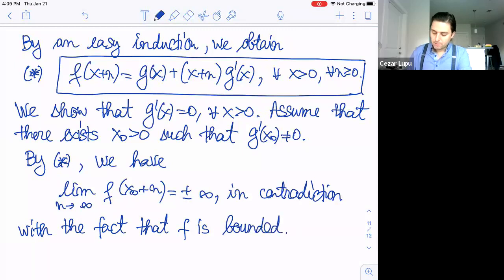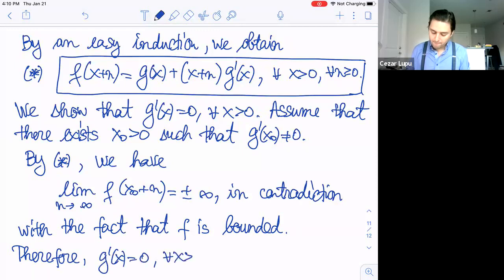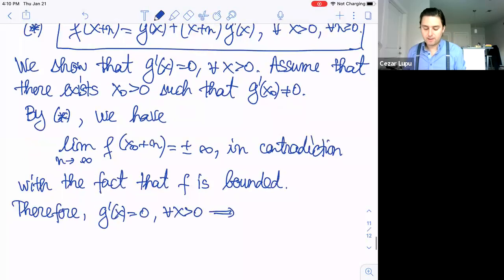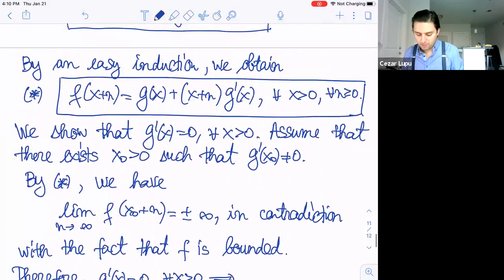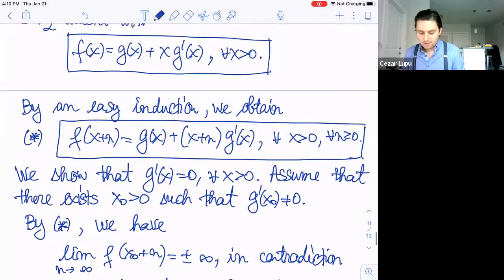Right? So therefore, the derivative for all positive x is 0. So therefore, g prime of x is 0 for all x positive. And from here, since g prime of x is 0, then we'll have that f will be g, right?